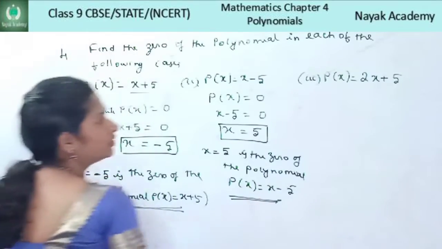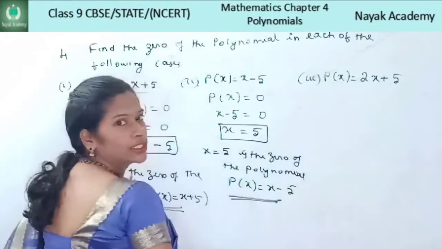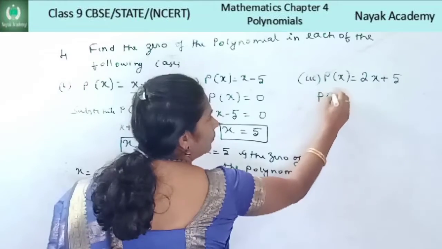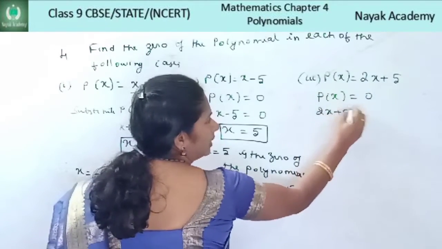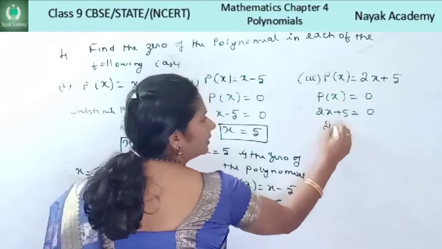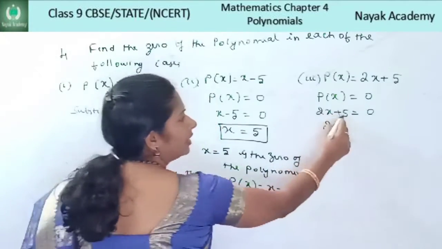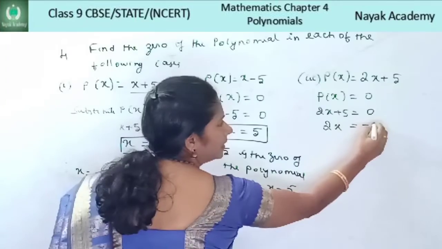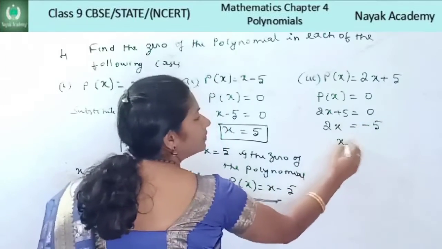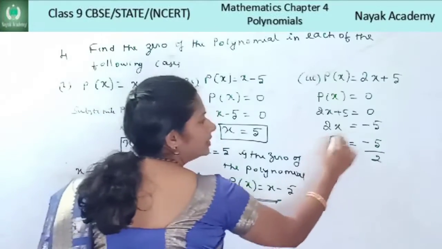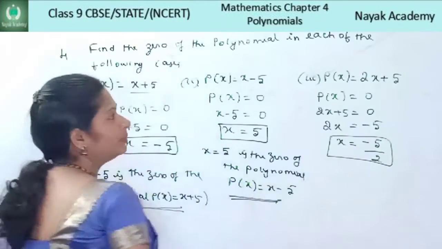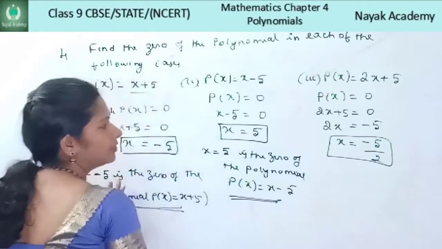Coming to the third question, p of x is equal to 2x plus 5. Substitute p of x is equal to 0. So 2x plus 5 equal to 0. 2x you keep on the left hand side only and plus 5 you transpose to the right hand side. It becomes minus 5. X value is minus 5 divided by 2 and this is the zero of the polynomial p of x is equal to 2x plus 5.